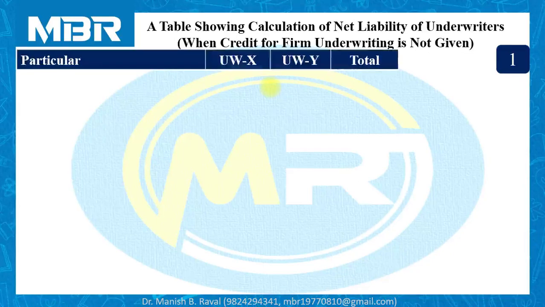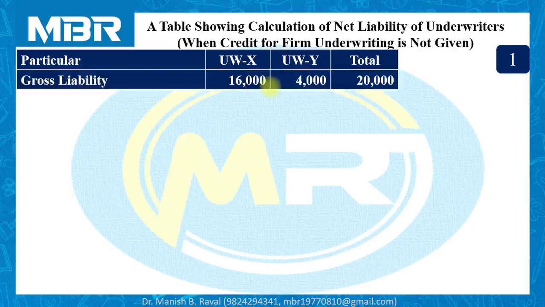Let us prepare a table: particulars, underwriter X, underwriter Y and total. It is the case of full underwriting, so we need not prepare any column for company. Gross liability. Gross liability means the liability of the company as per underwriting agreement.